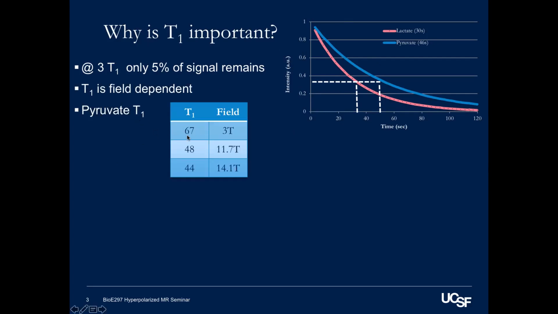For example, here the pyruvate T1 at 3 T is about 67 seconds, at 11.7 T is 48. So you can see for this C1 of pyruvate, the carboxylic group, the T1 decreases with increasing field, which is not really a problem for us in clinical applications because they're all in the lower regime, right?